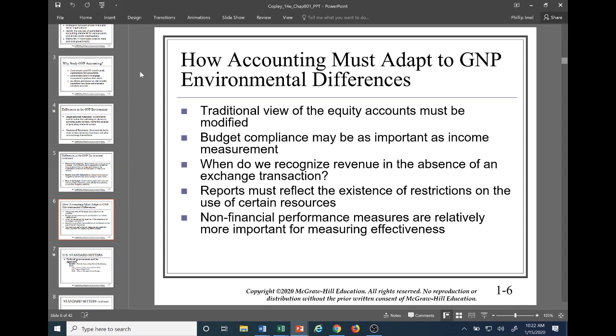When do we recognize revenue in the absence of exchange transactions? On the business side of things, the for-profit, like in intermediate, we recognize revenue when the transaction occurs, when we've fulfilled our obligations or our duties, whatever the shipping terms might be, FOB shipping point or destination.